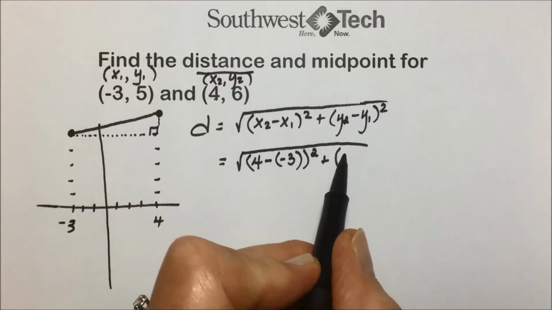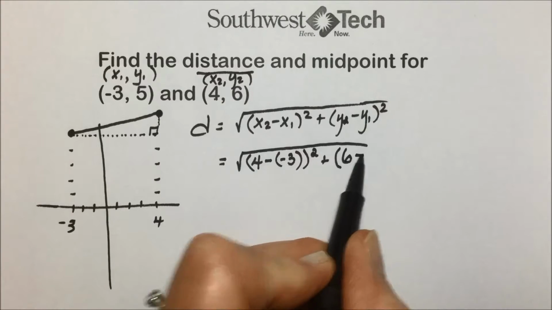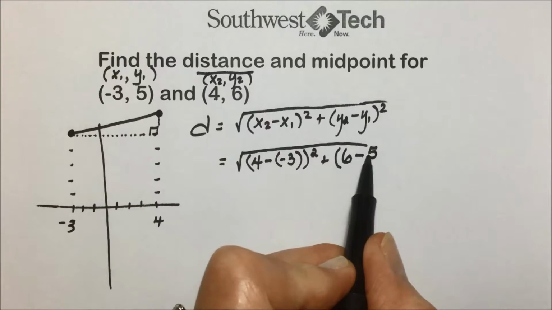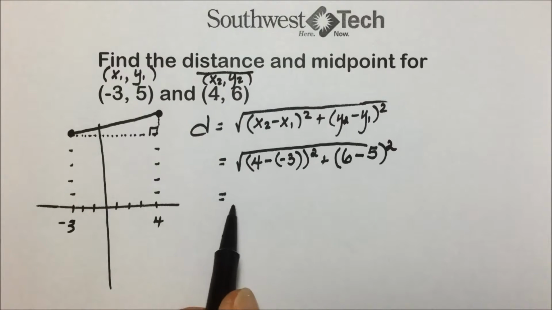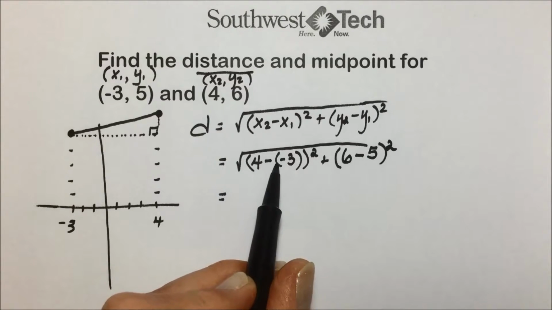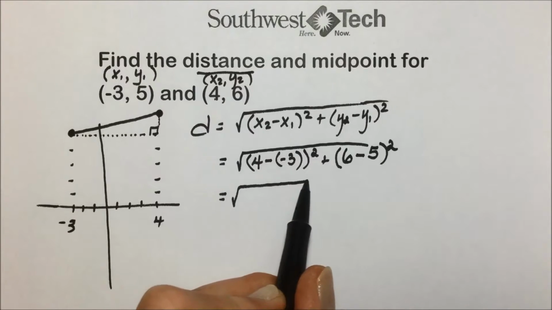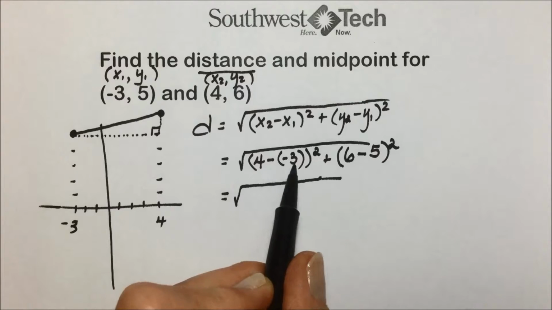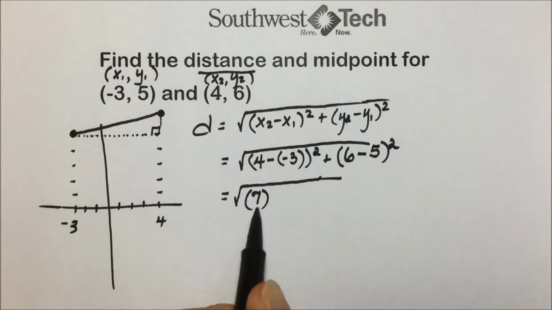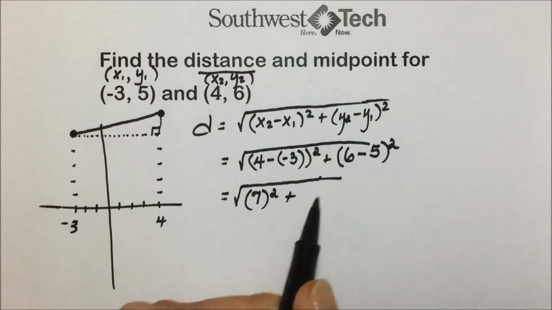Here's my y sub 2, 6, minus the y value of the other point, taking the difference and squaring that. Simplifying here, we have a minus, which is going to give us a plus. So 4 plus 3 is 7, and we still need to square that.